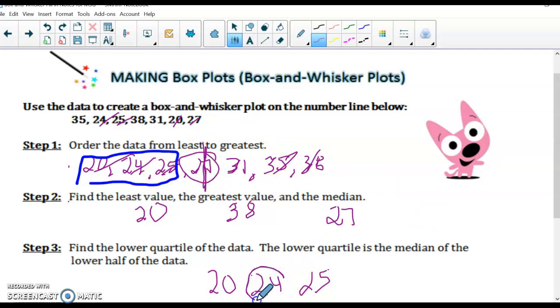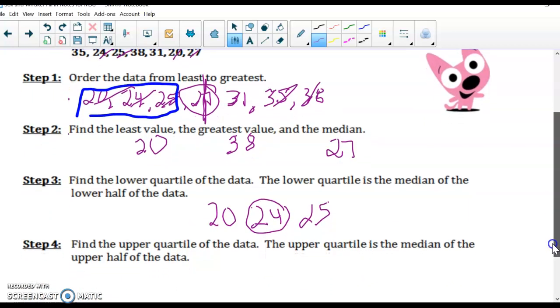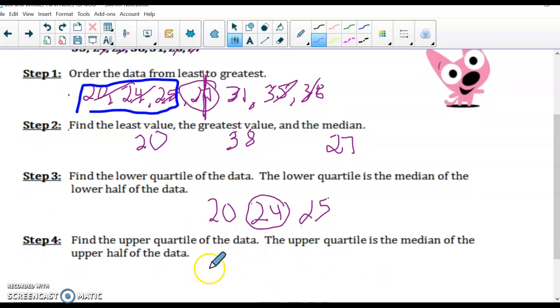So the middle is 24. Then the upper quartile is the median of the upper half of the data. So 31, 35, and 38. The median of the upper half of the data is 35.